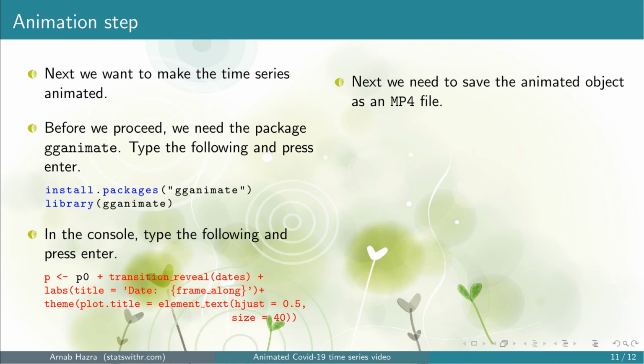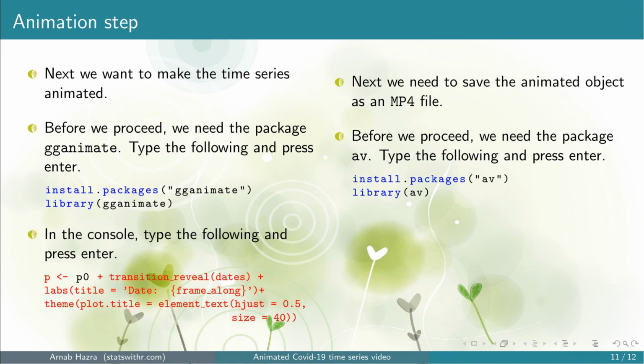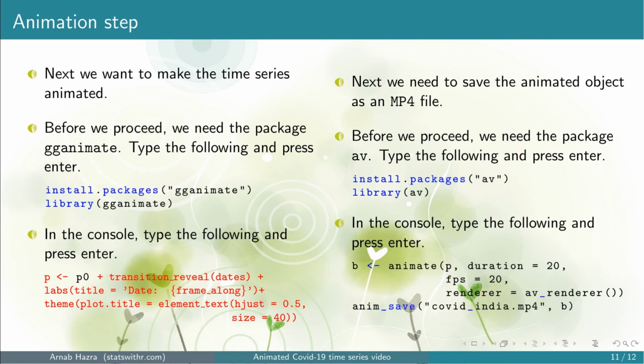Next, we need to save the animated object as an MP4 file. For this, we need the package av. We install it and call into R using the functions install.packages and library. Further, we animate p using the function animate. Here we need to set the arguments for customized output.